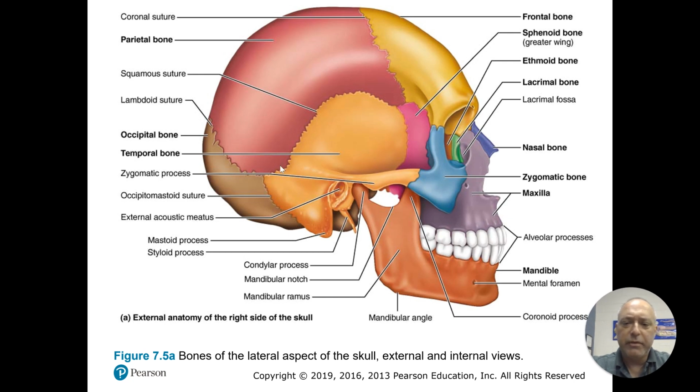Another look at the sutures. The squamous suture separates the parietal from the temporal. The coronal suture separates the frontal from the parietal. The lambdoid suture separates the parietal from the occipital. There also is an occipitomastoid suture, which separates the temporal from the occipital.